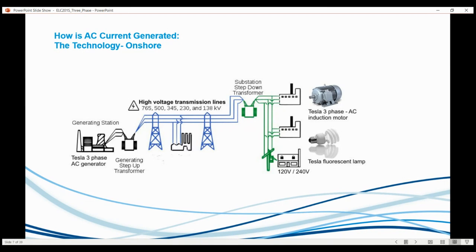So ESCOM is actually producing 3-phase power at the power station, and it gets stepped up when they transmit it, and stepped down to various voltages for various industries. And obviously, you get some factories running on 3-phase.